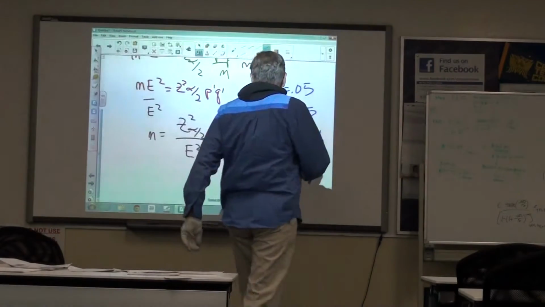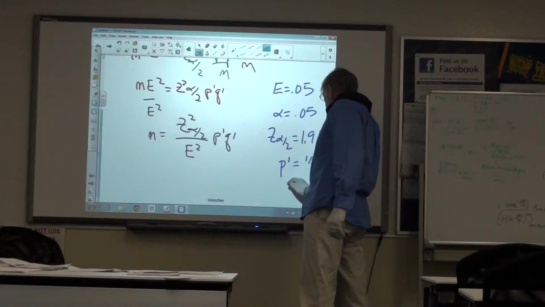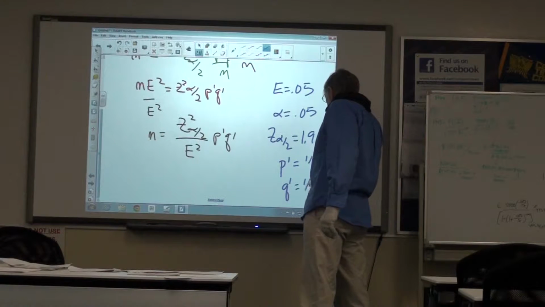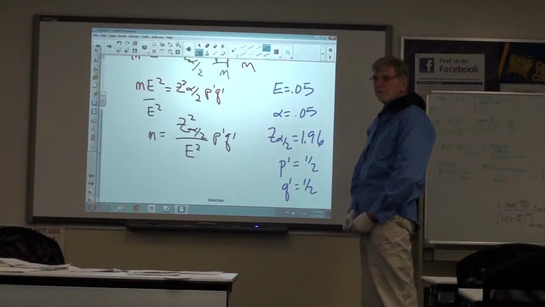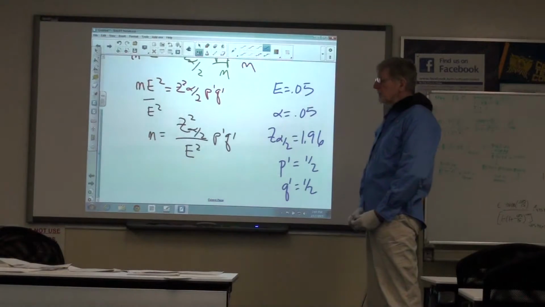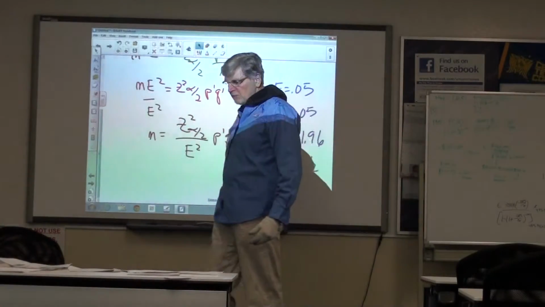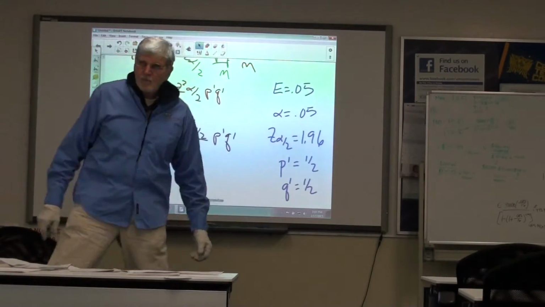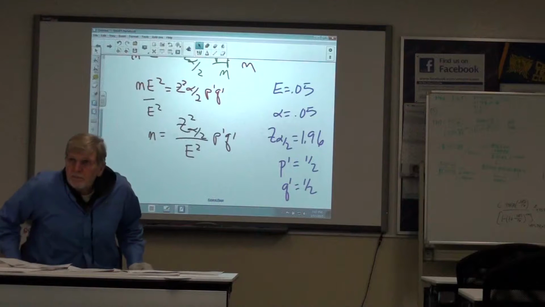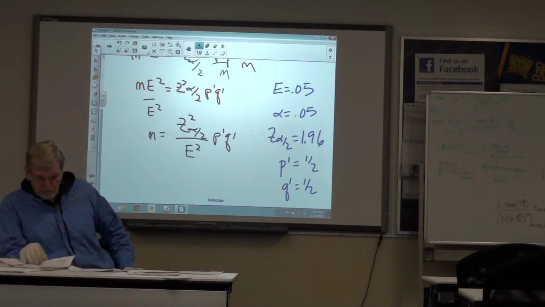If you have no better information, keep 50-50. It turns out not to mess you up that badly, so you assume a 50-50 split.